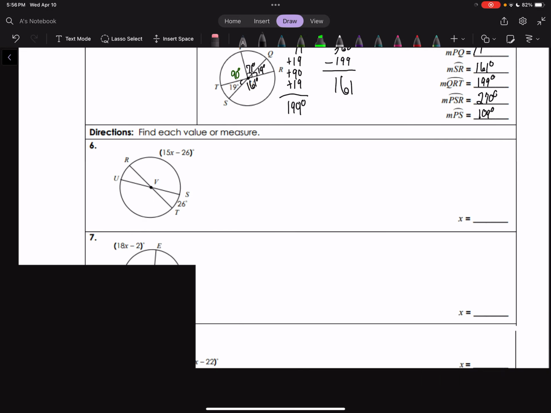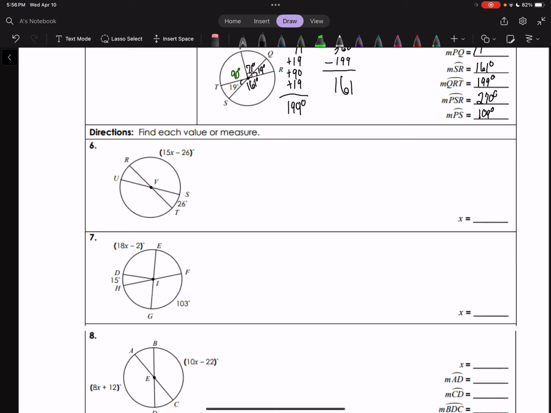Alright. Now we're getting to the funner stuff, in my opinion. Find the value or measure for each of these circles. So in this one, I'm wanting to find the value of x.